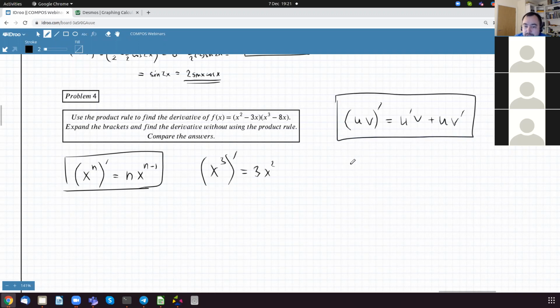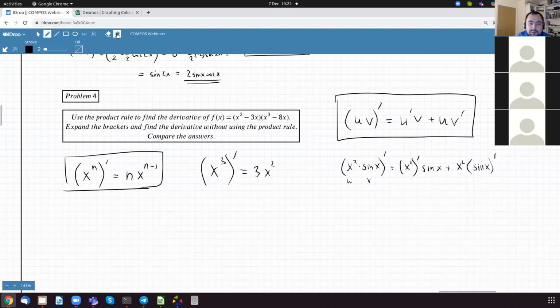So let's try to use it. Let's have x squared multiplied by sine x, and you differentiate it. The first function is x squared, this is u, and this is v. So this is going to be x squared prime sine x plus x squared multiplied by the derivative of sine x.